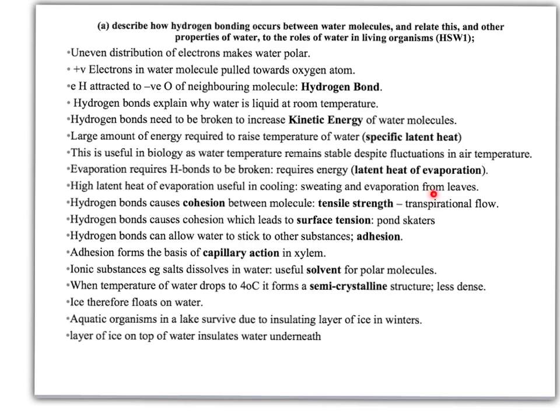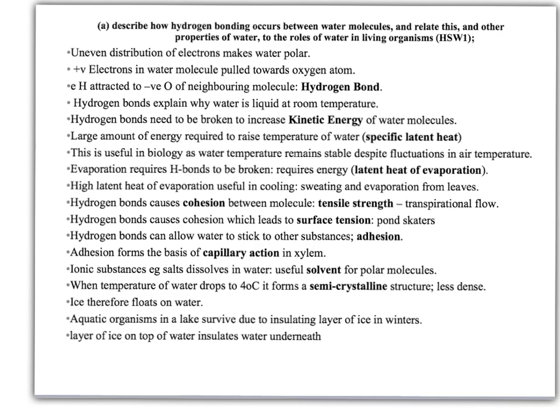If leaves were exposed to sunlight all day and there was no transpirational flow, very soon all the water in the leaves would reach boiling point and denature all the enzymes. But the evaporation of water from the stomata of the leaves acts as a cooling system. Again, large latent heat of evaporation removes a lot of heat energy from leaves.